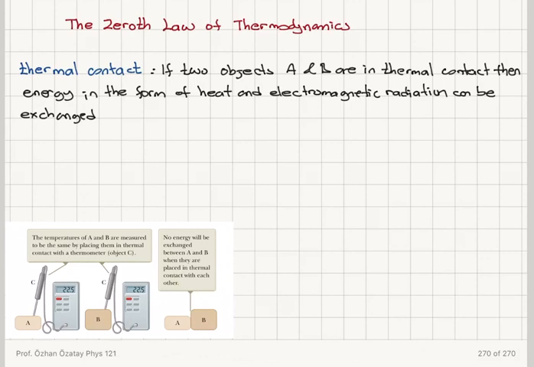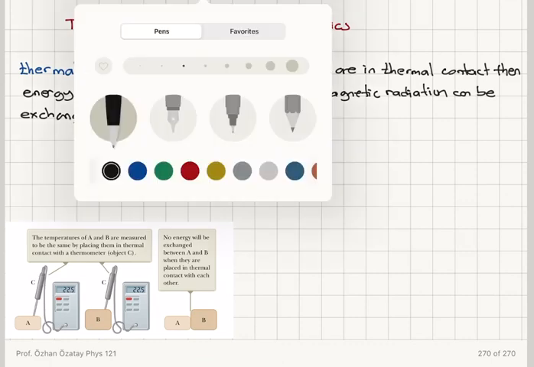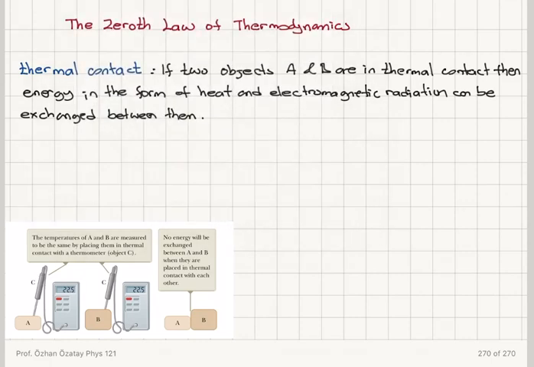So basically a thermal contact allows energy exchange between the systems until an equilibrium situation has been reached.